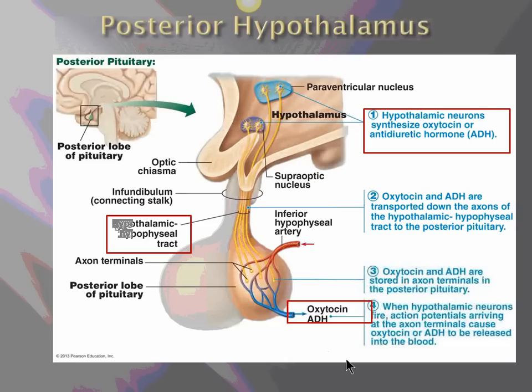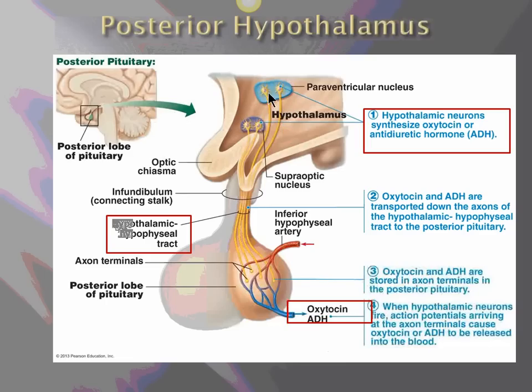It's divided into two parts. It's a part of the brain, so therefore it has neurons in it, and it is these neurons which produce the hormone. So let's look at the posterior hypothalamus first. There are two areas which are important. They are called nuclei. If you remember from ANP1, a nucleus is where cell bodies of neurons lie. These two nuclei are known as the paraventricular and the supraoptic nuclei.